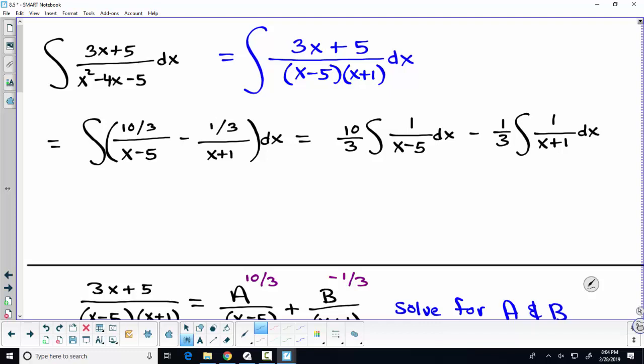Derivative of the bottom is on top, so you get 10/3 ln absolute value of x minus 5 minus 1/3 ln absolute value of x plus 1.